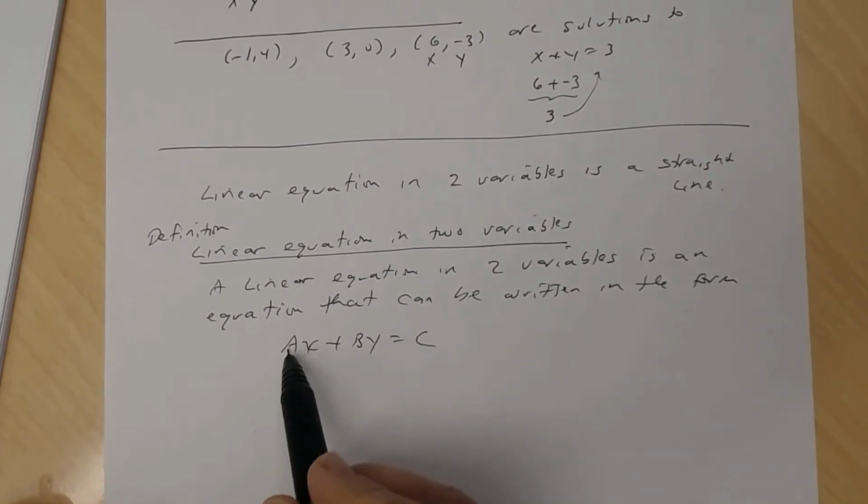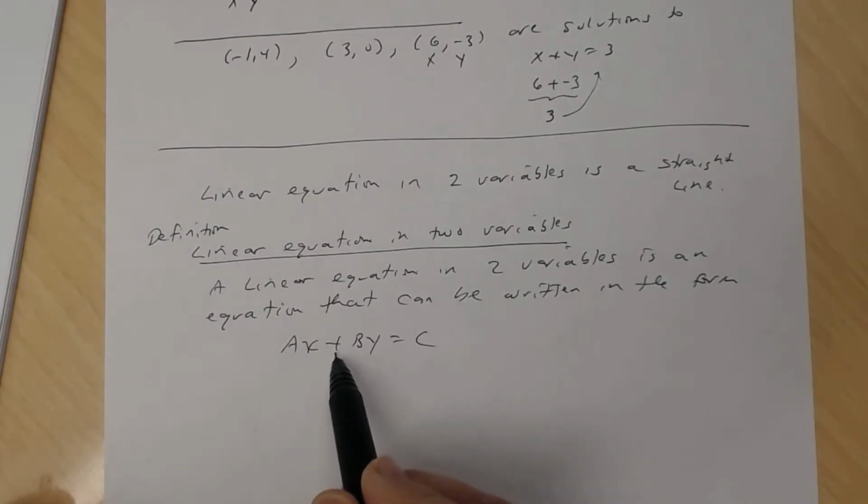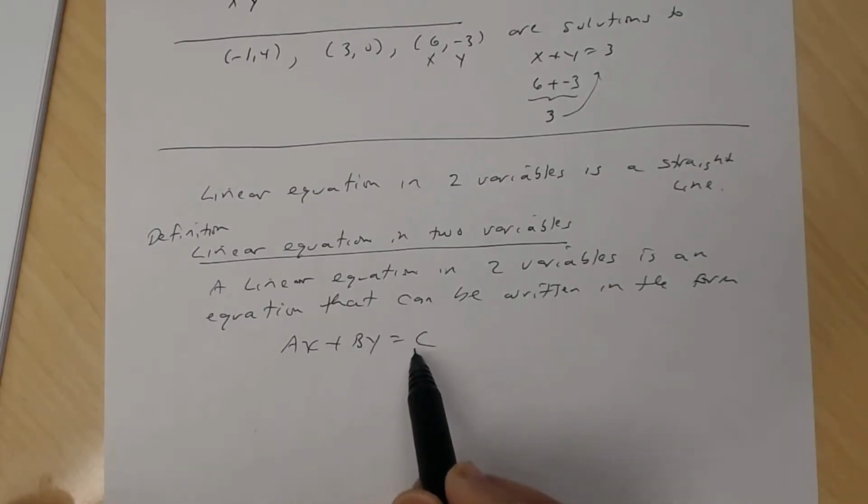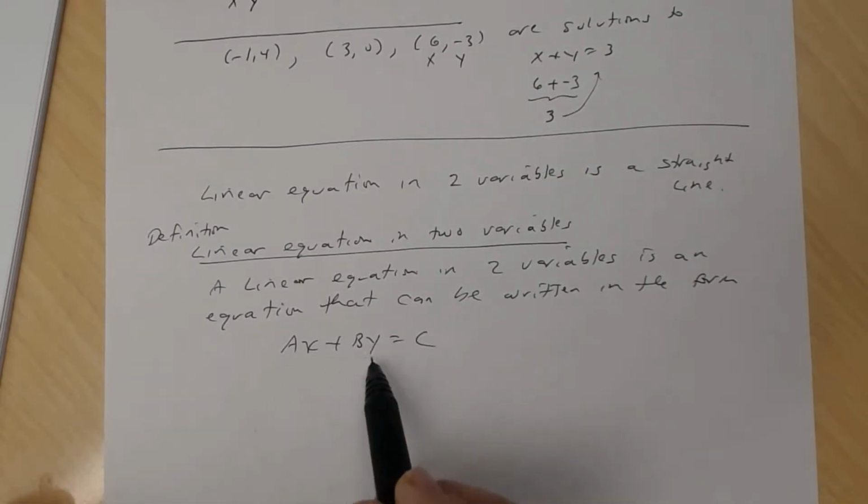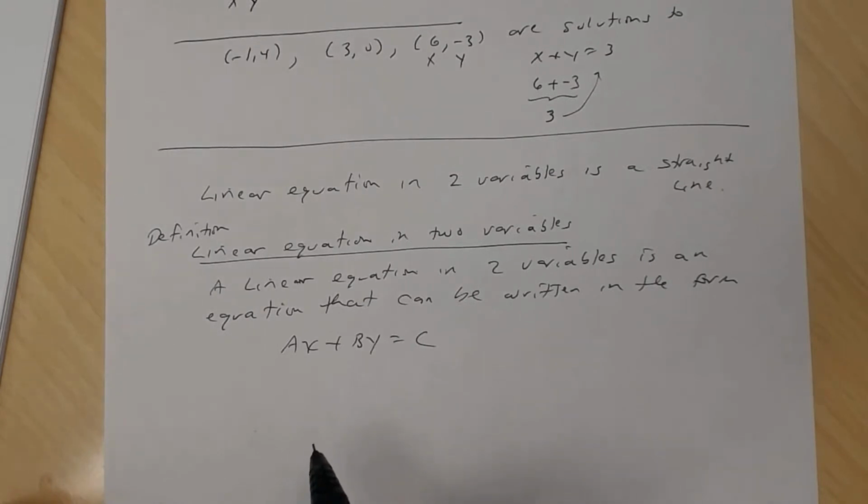So some number times x, remember that the number that you multiply the variable by is called the coefficient. So this coefficient times x plus this coefficient times y equals c, which we call a constant.